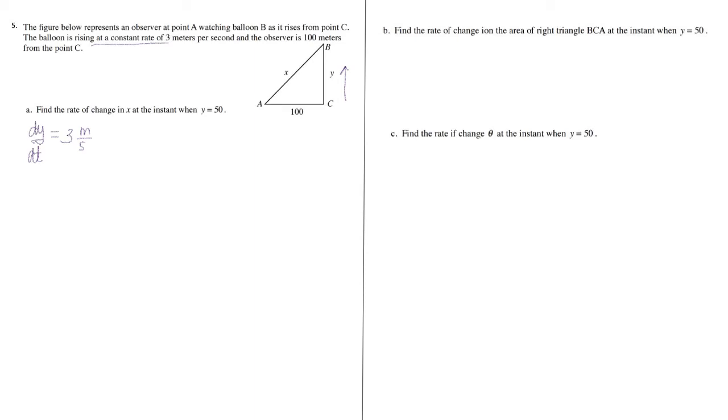And the observer is 100 meters from point C. So we have 100 here. Find the rate of change in x at the instant y is 50. So when y is 50, oh goodness, we're going to have to go through the Pythagorean Theorem here and come up with that x value over there, I do believe.